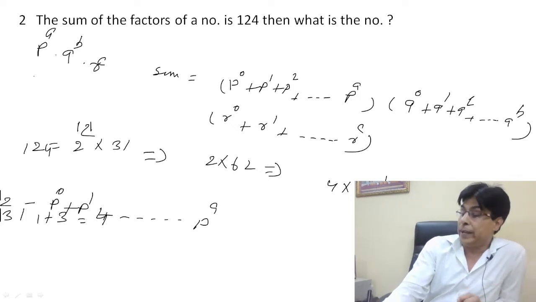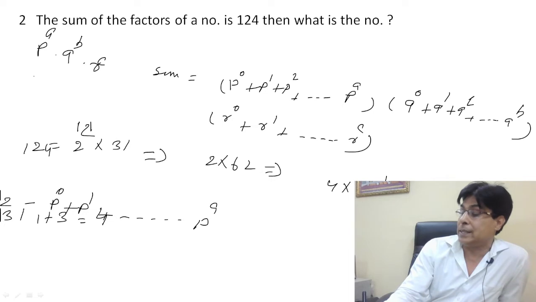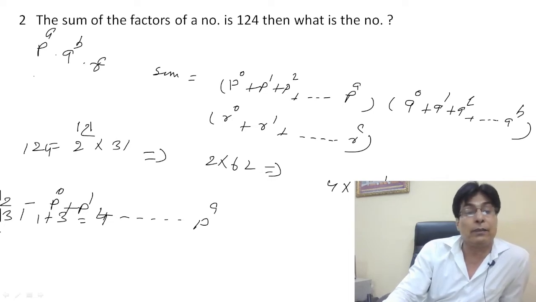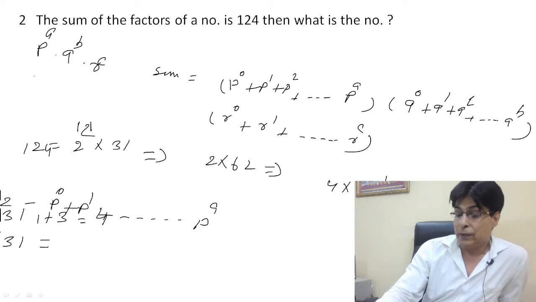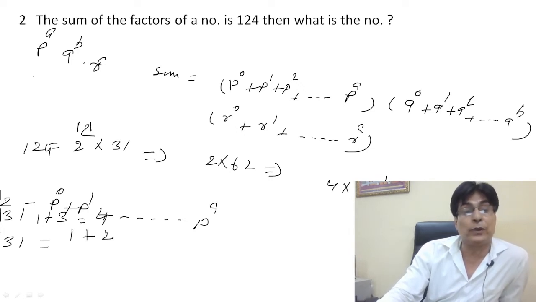So we must see how 31 can be written. 31 can be written as 1 plus 2^1 plus 2^2 plus 2^3 plus 2^4.